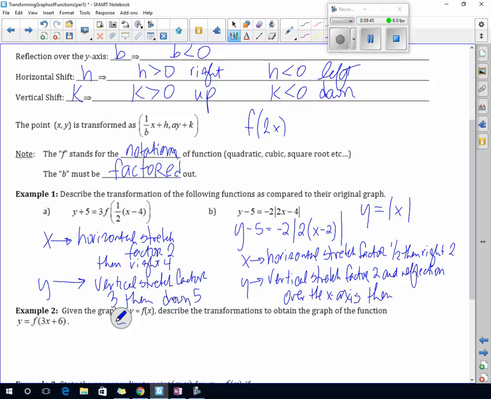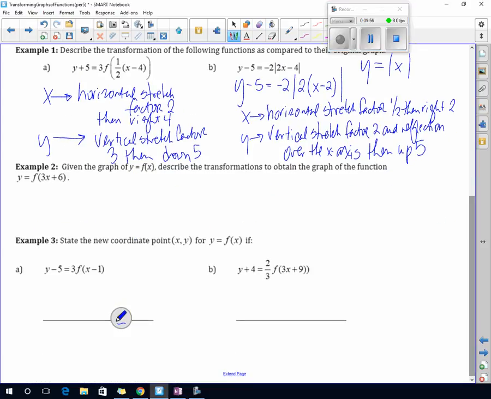Next one. What's wrong with the way this question is worded or given? Given the graph of f of x, describe the transformations to obtain the graph of y equals f of 3x plus 6. So what's the first thing we have to do? We need to factor out the 3. So this is equal to f of 3 bracket x plus 2 bracket. Has to be in that form.